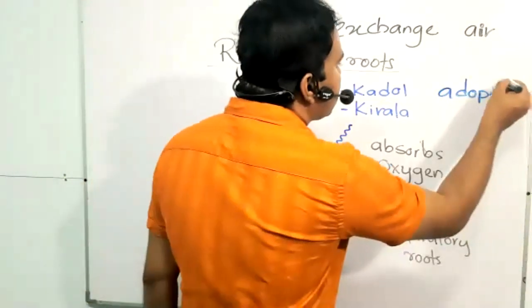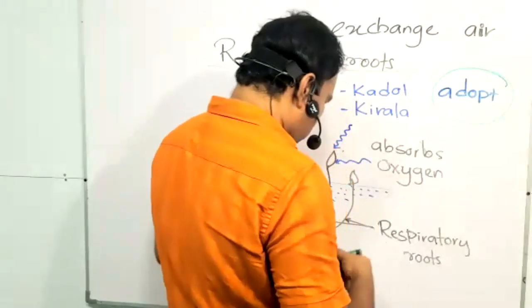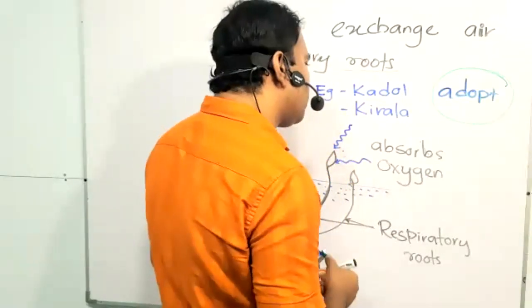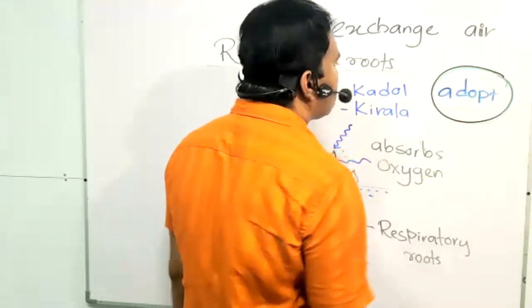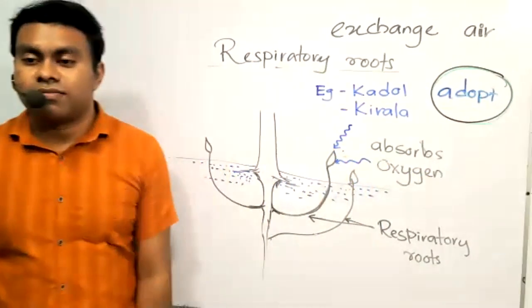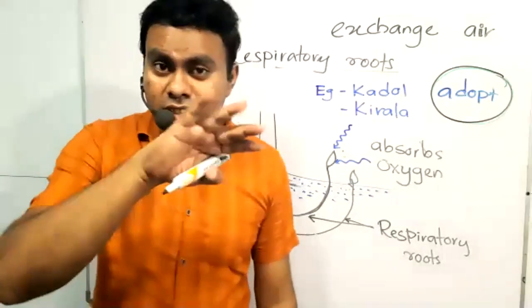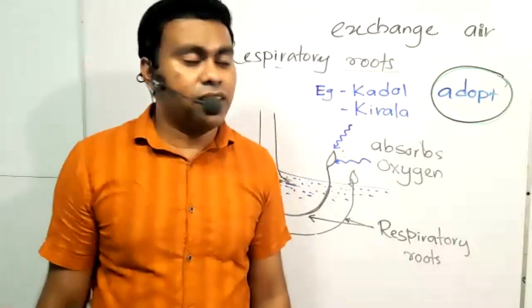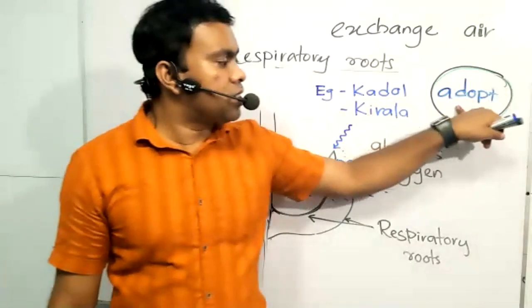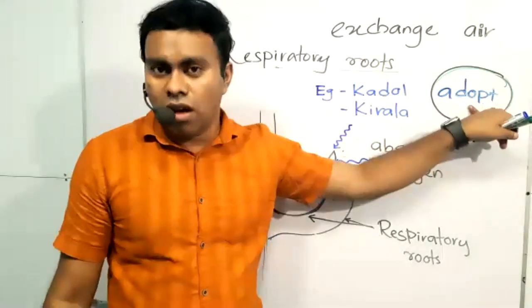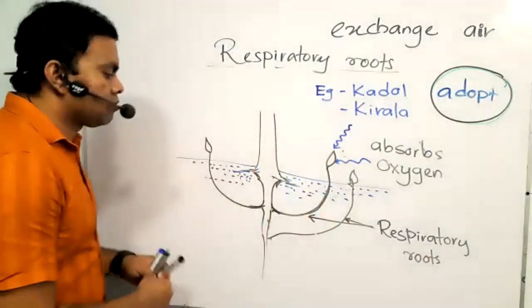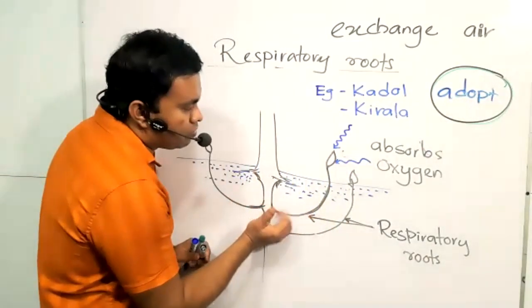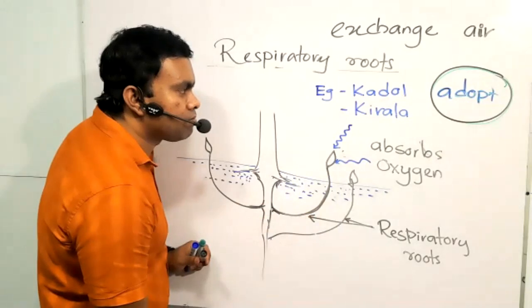By using the term adapt, learn in science in grade 8, grade 7, grade 6. So that's not learned in science, that is learned in English. Okay. So by using the term adapt, හැඩ ගැහෙනවා කියන වචනේ දාලා මට ඔක කියන්න. The roots of the Kerala are adapted.